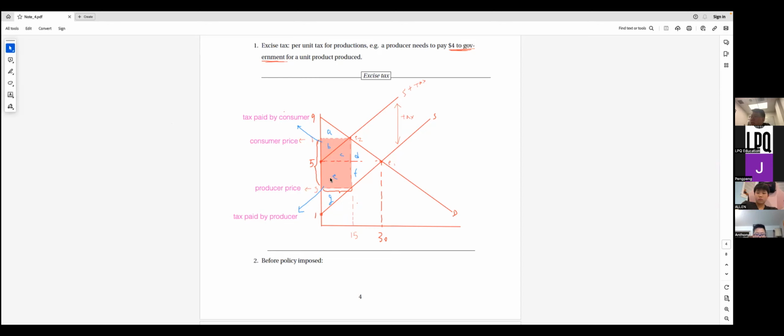Once again, same reason. Before the tax, before the policy, area E was a happiness that can be received by producer. Because when you are standing at equilibrium one, the producer surplus is E, F, G. We don't have H.